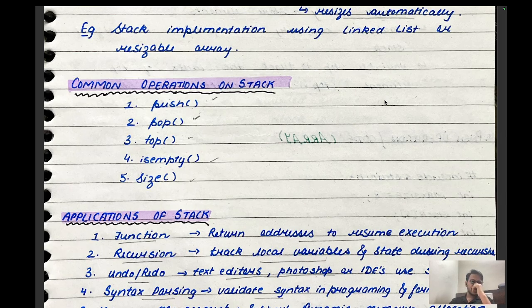If we index the stack, the indexing will start from 0, 1, and 2. So at the 0th index, 1 will be stored, at the 1st index, 2 will be stored, and so on.